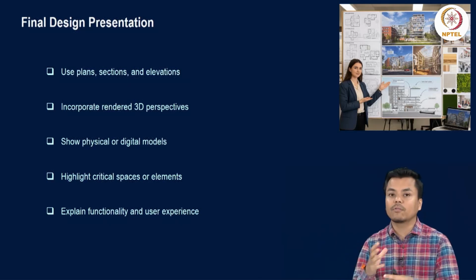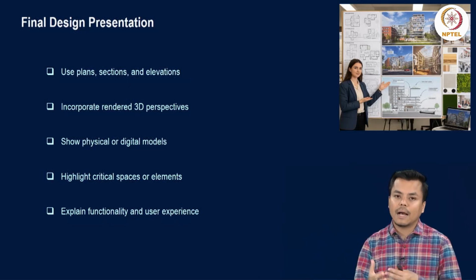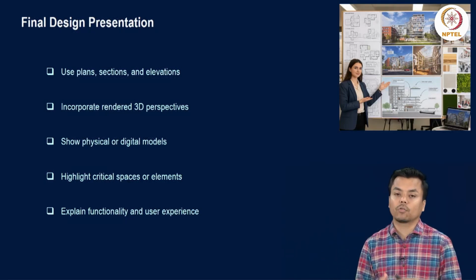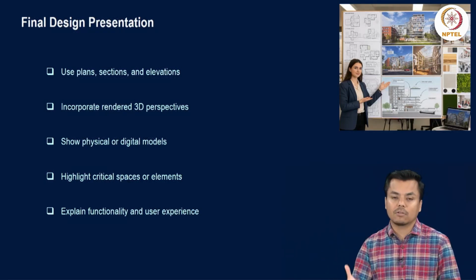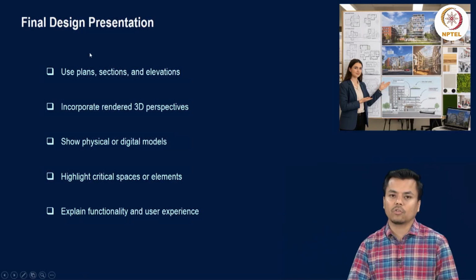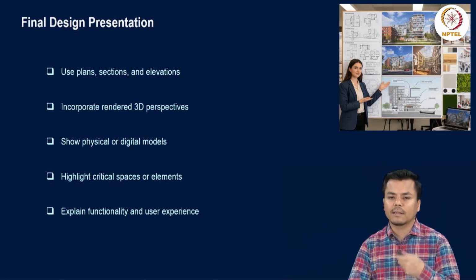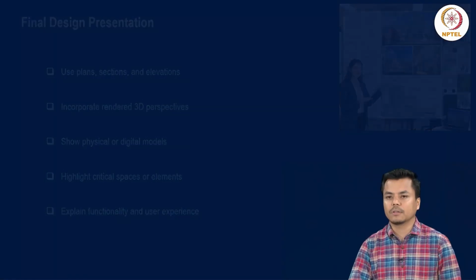So all these have to be explained. The reasoning behind keeping all these places in some order has to be explained. That is what will create interest and bring discussion after the presentation, or else your presentation will lack some touch, and some details will be missed.